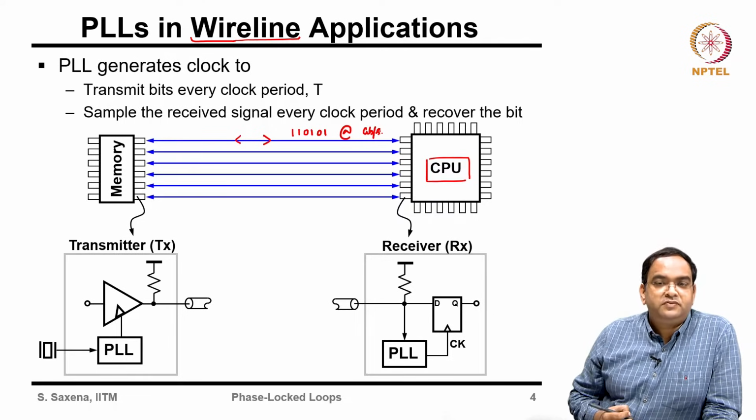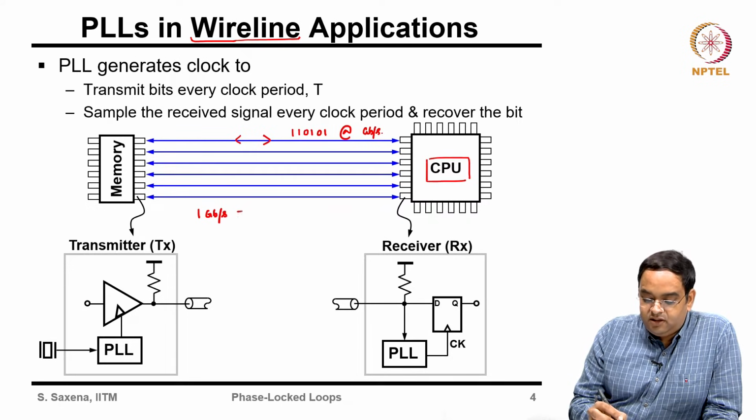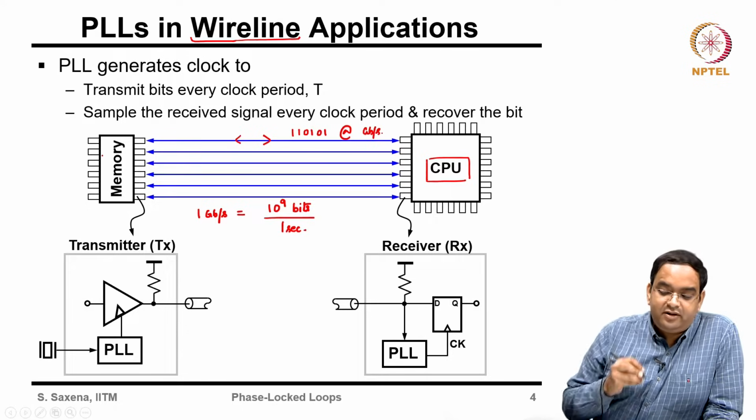When I say gigabit per second, it means 1 gigabit per second refers to 10^9 bits transferred in 1 second. Okay.